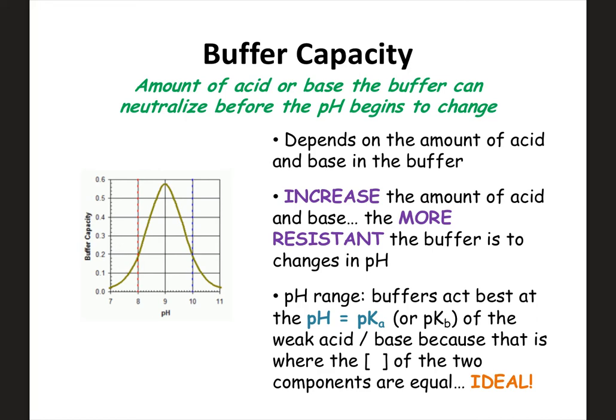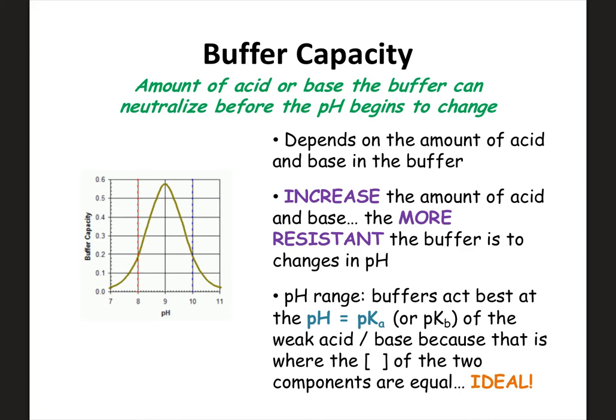So if you have higher concentrations here of your weak acid and the conjugate, the buffer is going to be more resistant to those changes. It's going to be able to last longer. Buffers typically act best here when you have the pH equal to the pKa of the weak acid, if it's a weak acid in your buffer, or when the pH equals the pKb, if it's a weak base. All right, because that's where the two concentrations here are going to be equal.